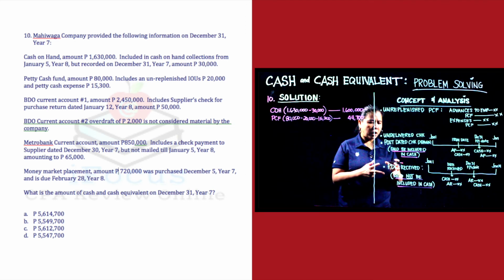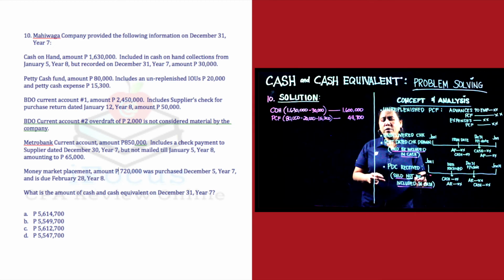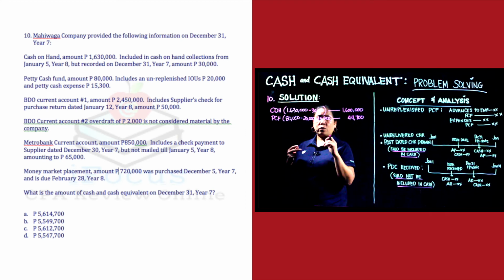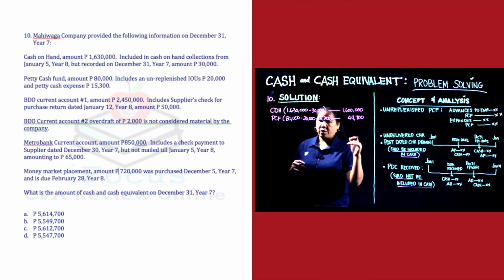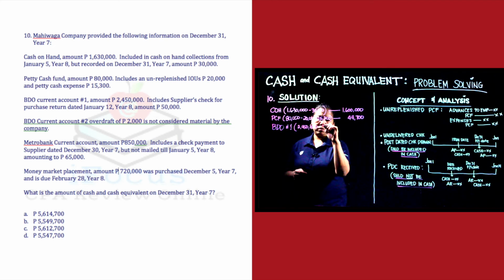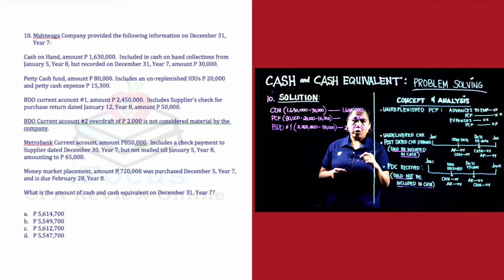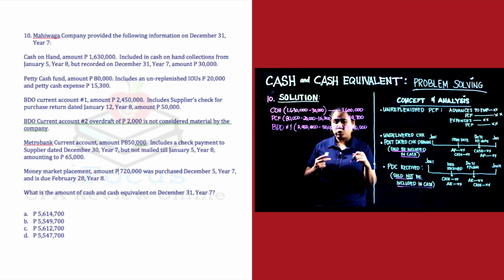So, itong post-dated check received should not be included in our cash. So, anong gagawin natin? Aalisin natin ito sa ating BDO current account na amounting to 50,000. Alright? So, ang net na lang na natitira sa ating BDO account is 2,400,000.